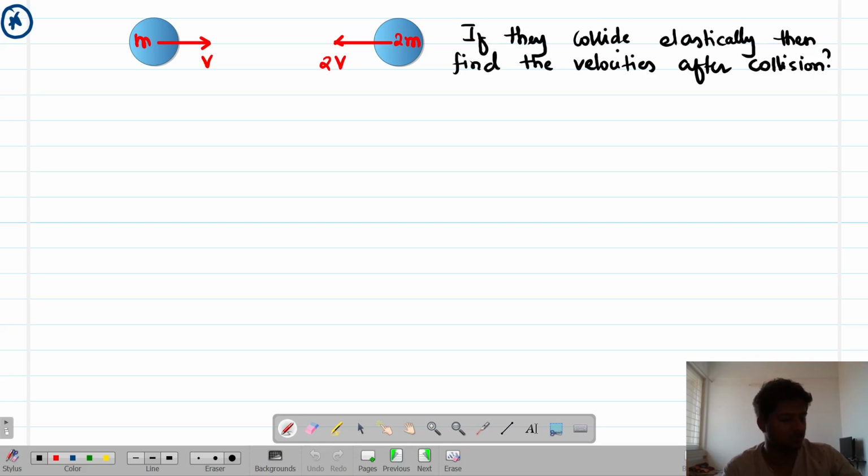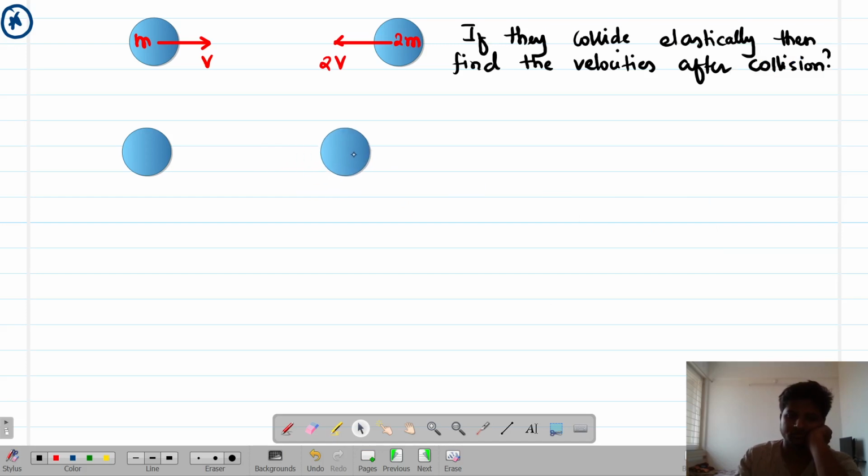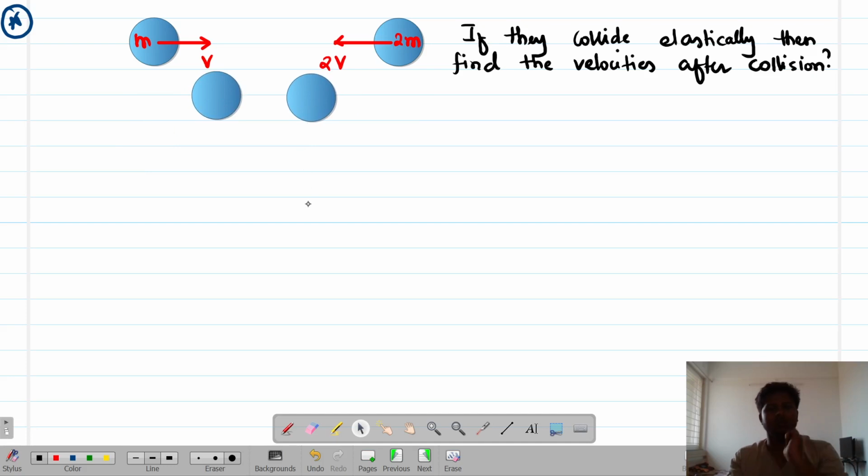What is the velocity after collision? Okay, let us suppose after the collision, the bodies are moving with some velocity.